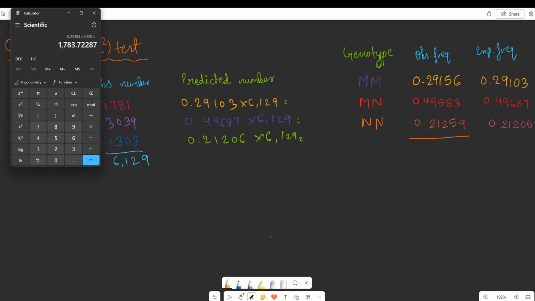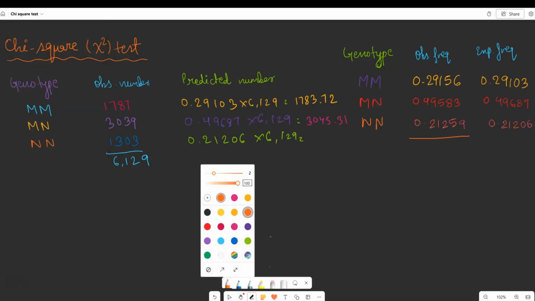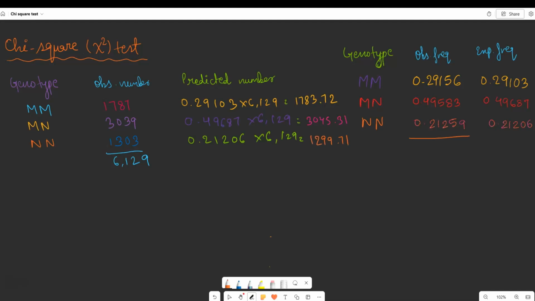So for MM genotype it is 1783.72. For MN genotype it is 3045.31, and for last it is 1299.71. So let's start with the chi-square test.